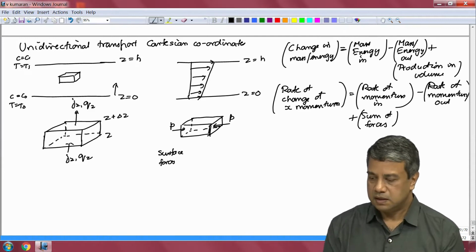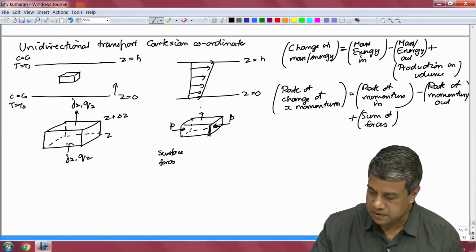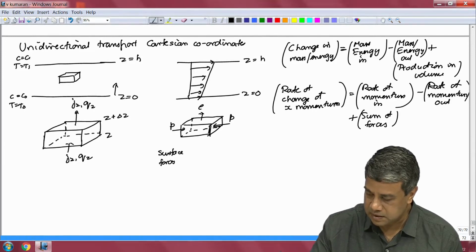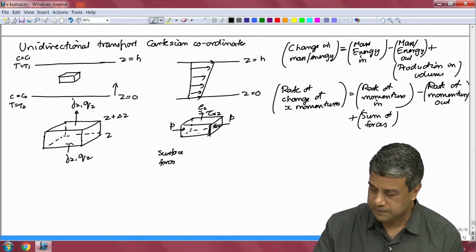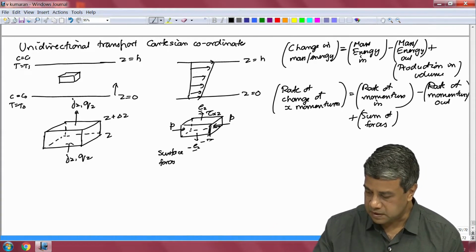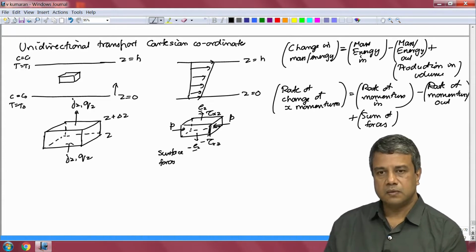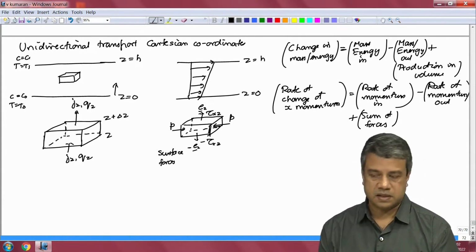The other force is the shear stress. On the top surface, the unit normal is in the plus z direction. Therefore, the shear stress is tau xz. On the downward surface, the unit normal is in the minus Ez direction. It is in the negative direction. Therefore, this is minus tau xz, where Ez is the unit normal in the z direction.